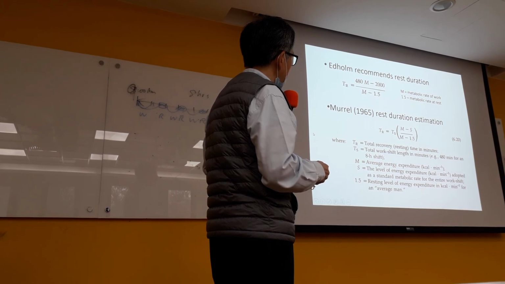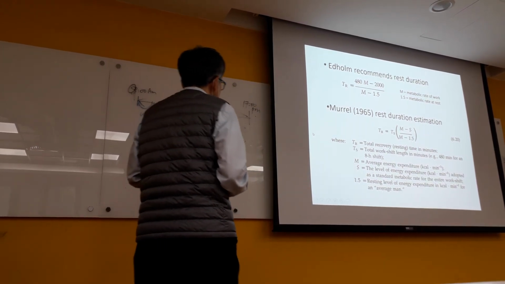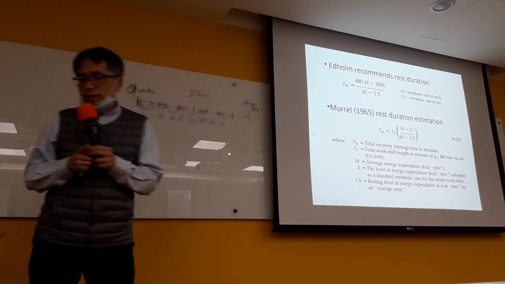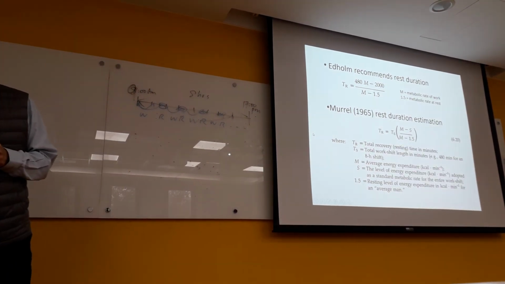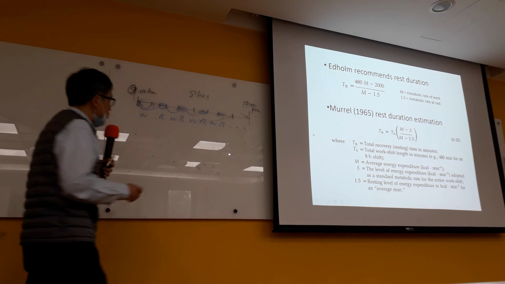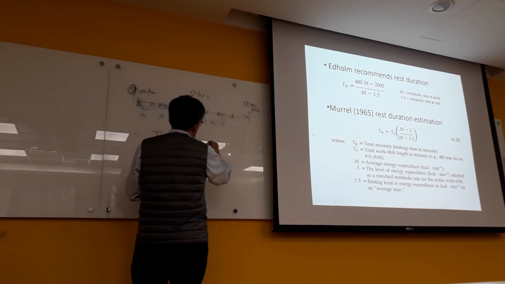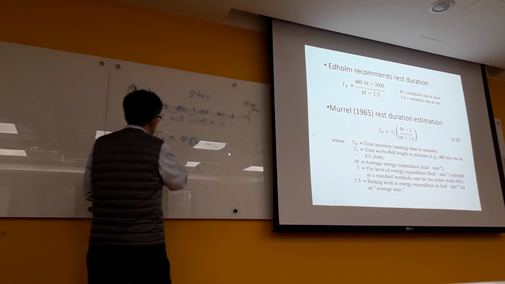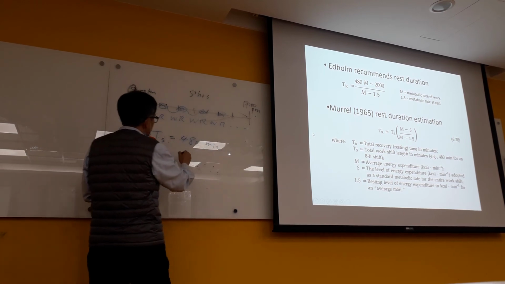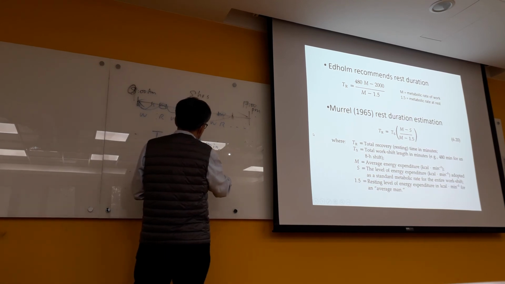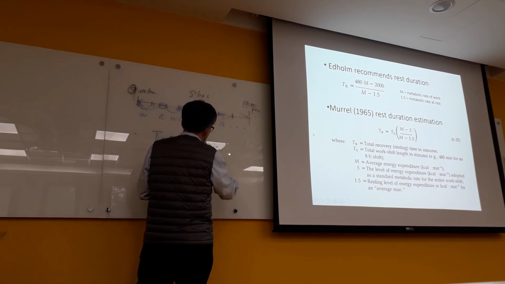M is the average energy expenditure here. So let's try it. Now M is 6.25. So now we have TS is 480 minutes, and M calculated to be 6.25 per minute.